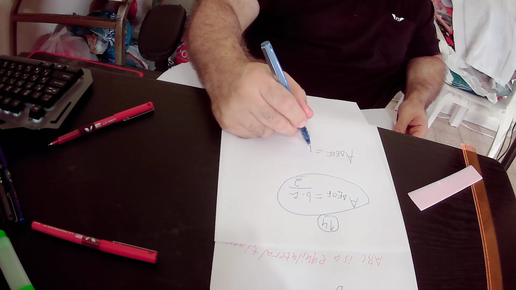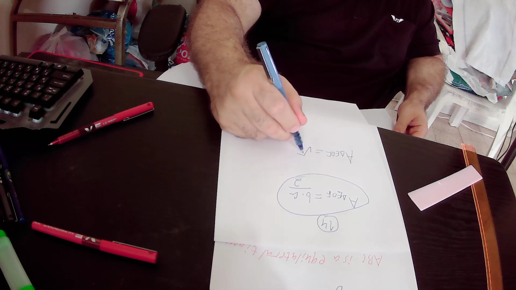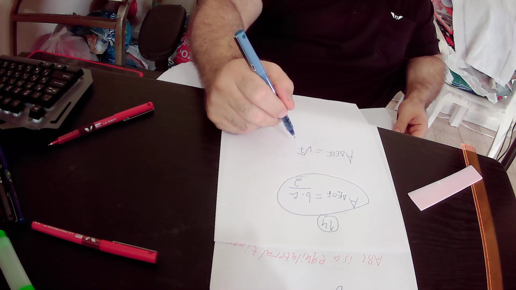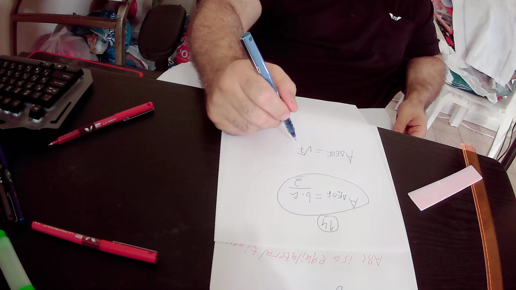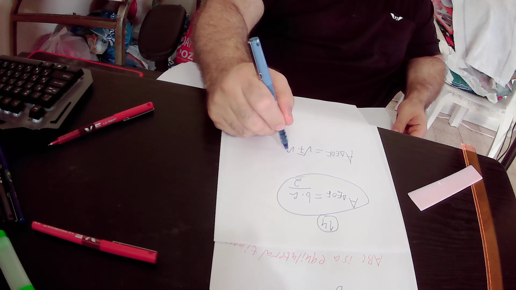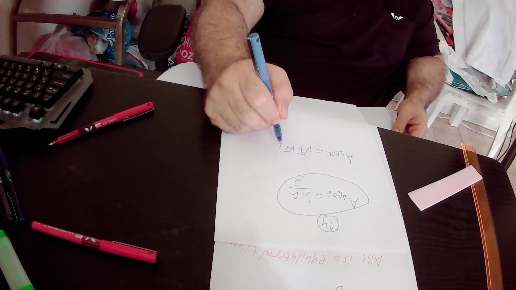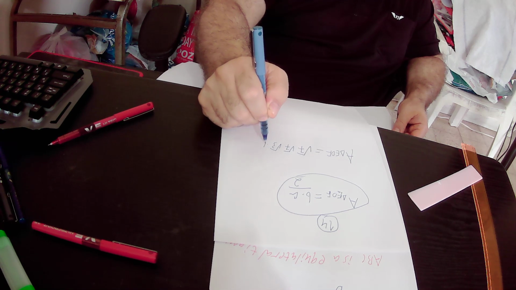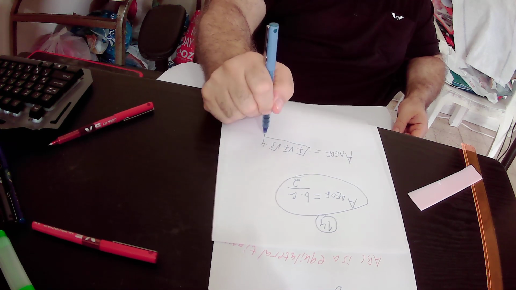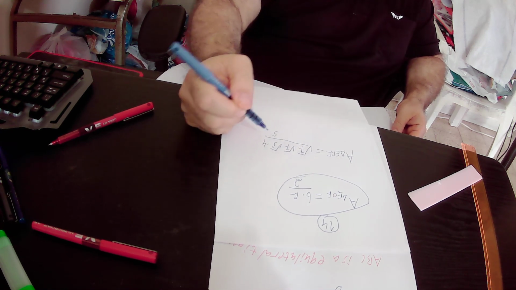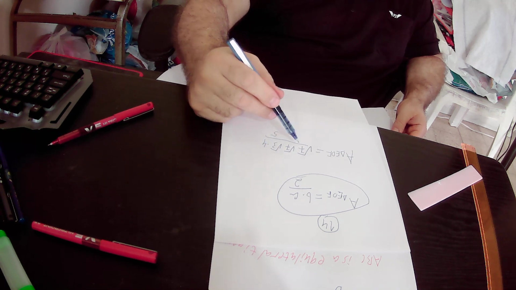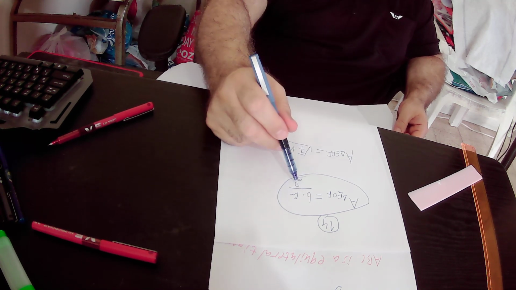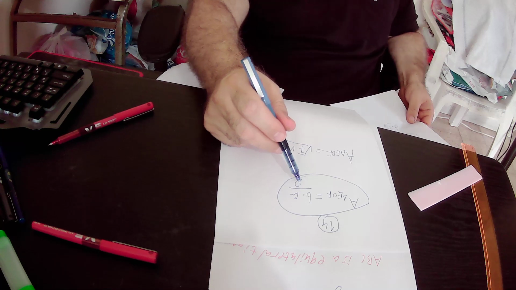a equals root 7 units. b equals root 7 times root 3 times 4 over 5, and that is a times b. We'll divide a times b by 2.